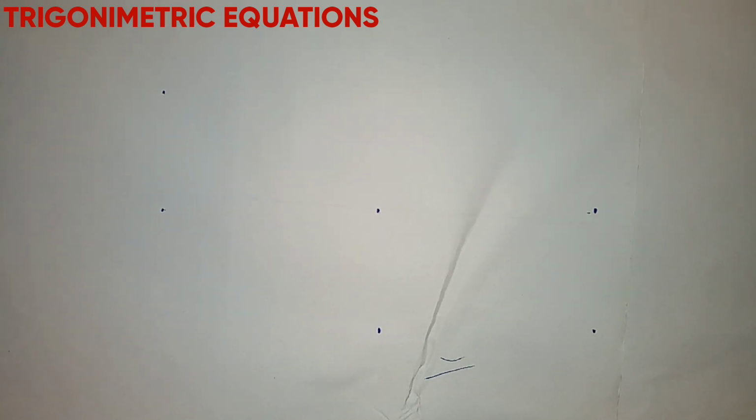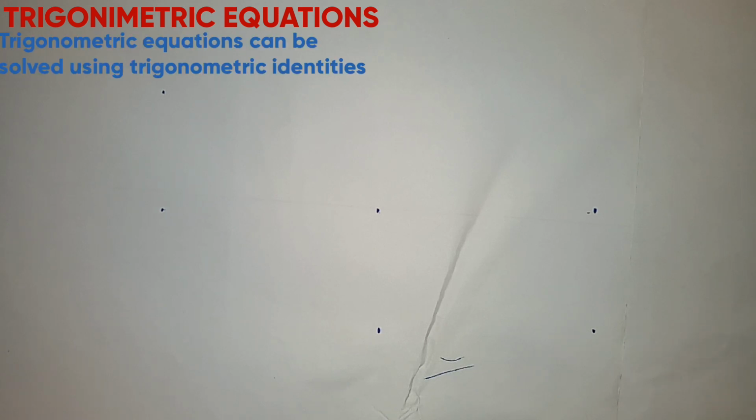Today we are going to look at trigonometric equations, and we'll start by solving. The first example we are going to look at is: solve the trigonometric equations for x between 0 degrees and 360 degrees.